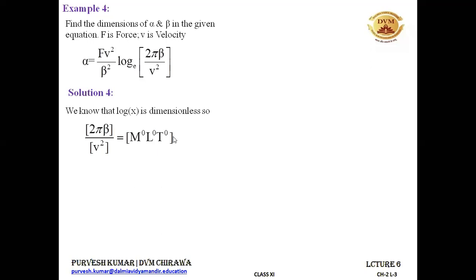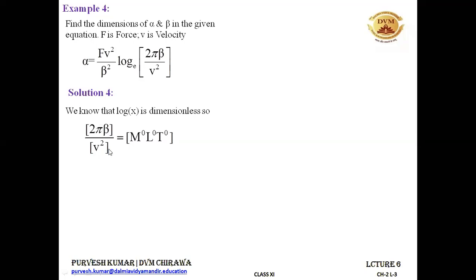That's what we mean by saying something is dimensionless: its dimensions are m0, l0, and t0. Now, 2 pi is a numerical constant. It does not have any dimensions.